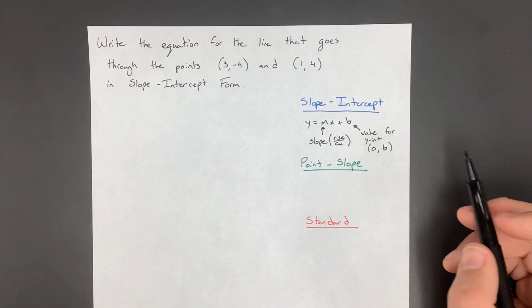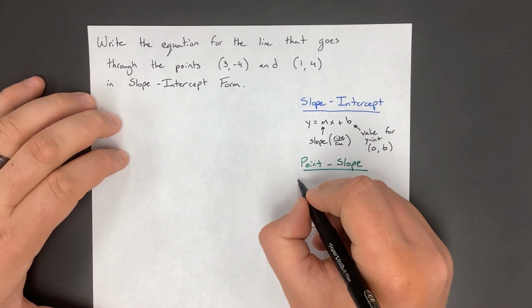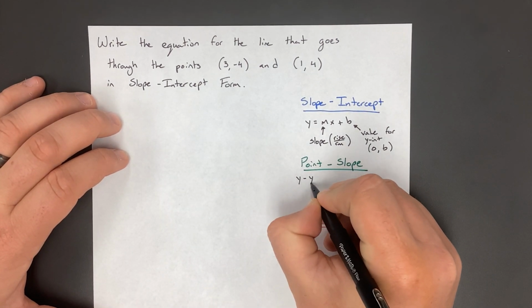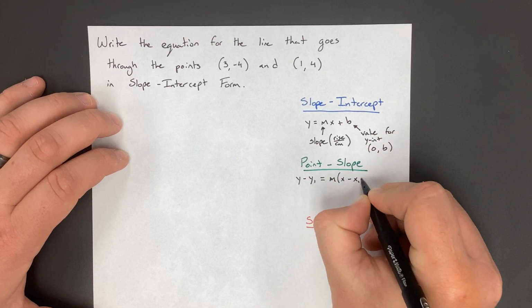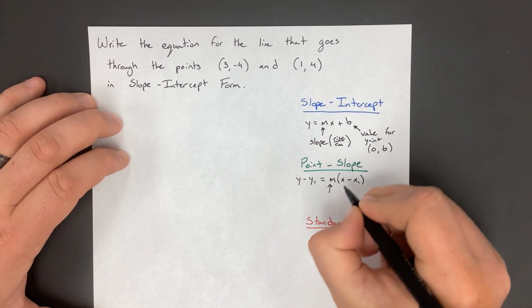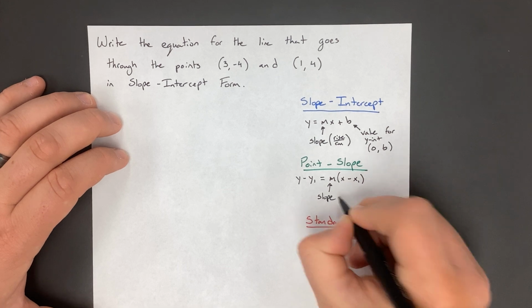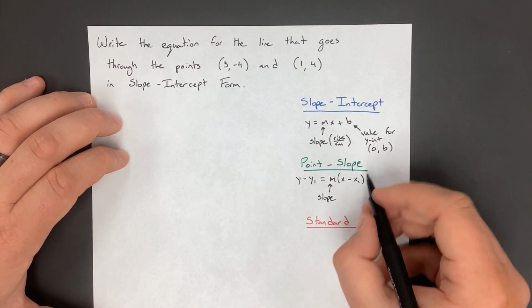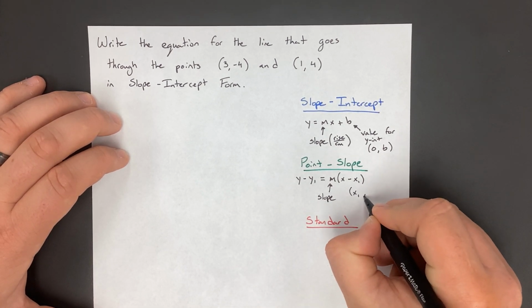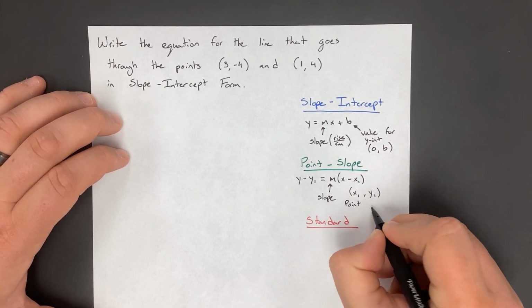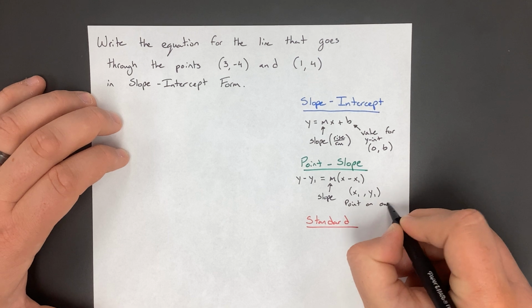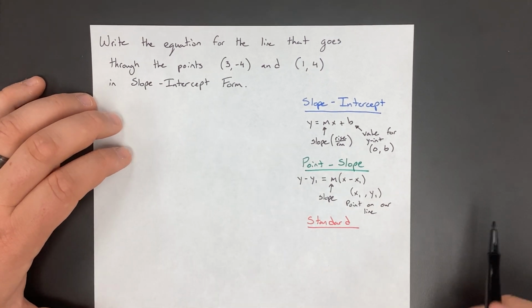The next form is called point-slope. It looks like y minus y1 is equal to m times x minus x1, where again m is going to be our slope. And the values for x1 and y1, (x1, y1), is going to be a point on our line.